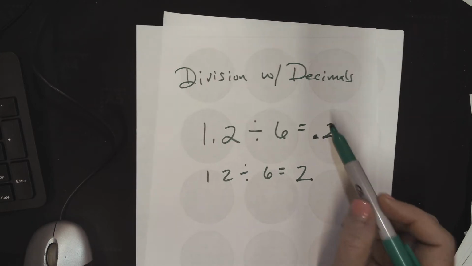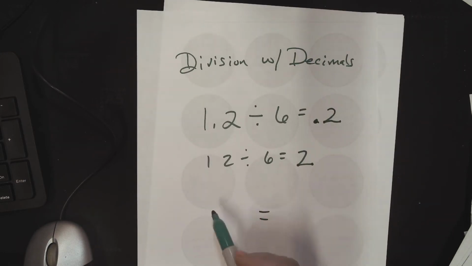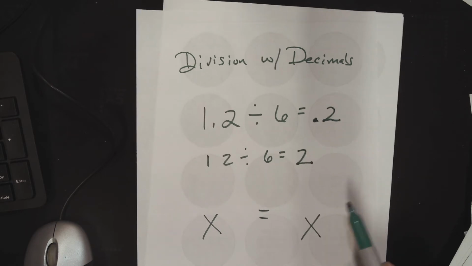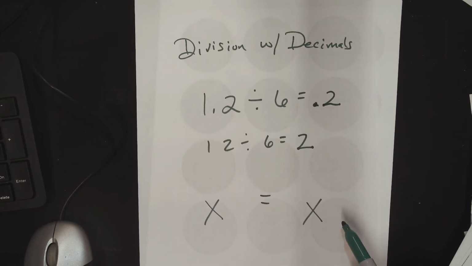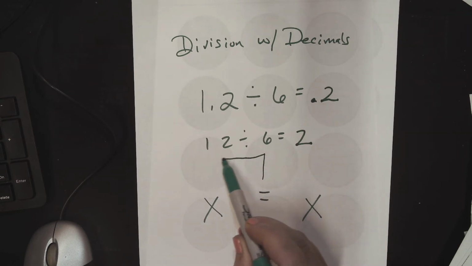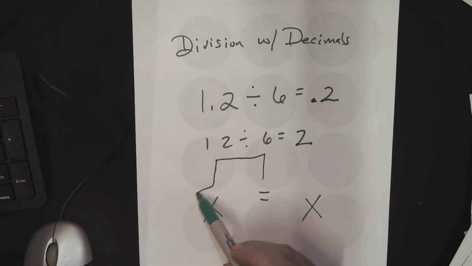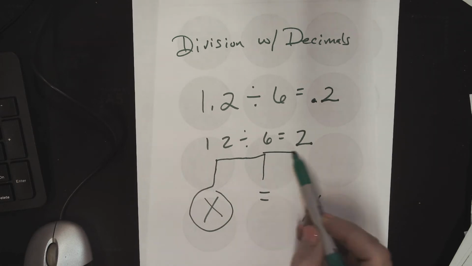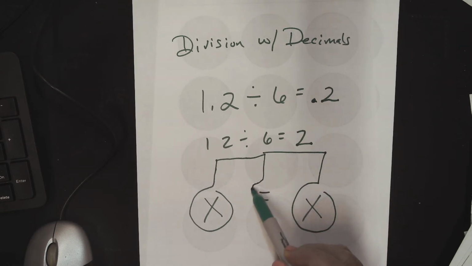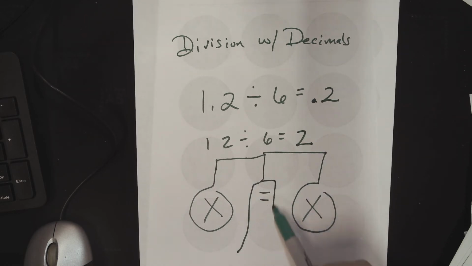Remembering that when I have equal signs, this side of the equal sign has to equal this side of the equal sign. I can't have a bunch of extra stuff. It's got to be equal because that's what it says, right? So it's like a balance. Do you know what a balance is? Where you have a thing with a pan, and it goes over like this, and it has this cool stand. Oh, yeah.